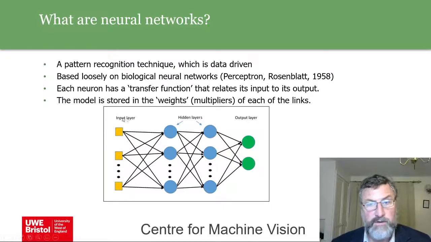The model here in the neural network is stored in the weights, multipliers of each of the links. These links linking together the neurons have a weight associated with them. These weights are just multipliers, so the value that comes out here is multiplied by this weight and goes into there. And the model is stored in these weights.